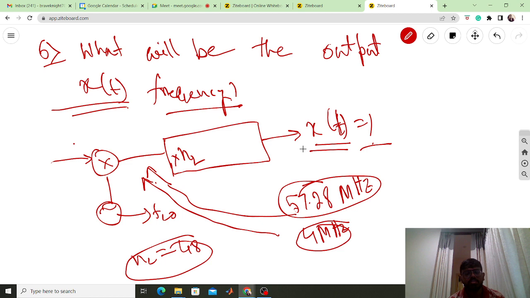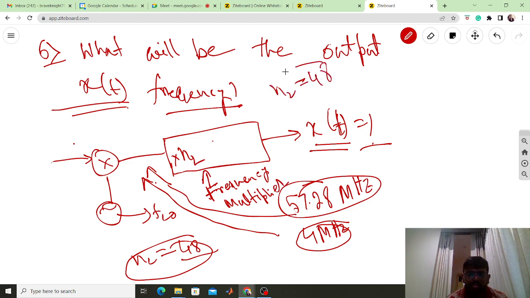So the answer of this question will be pretty simple. You just have to multiply these two frequencies by a multiplication factor of 48, because these are the frequency multipliers. If you have noted the previous question, you can see that there is a frequency multiplier, and N2 was the value given as 48.